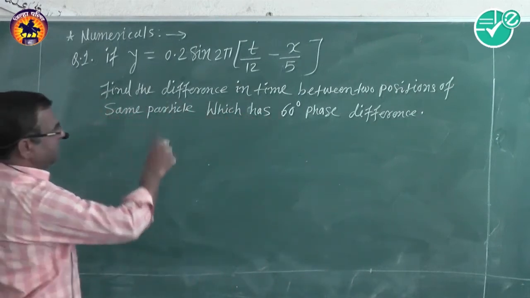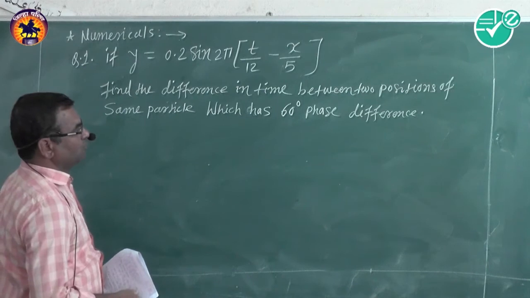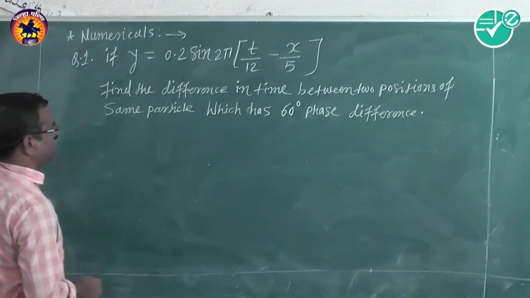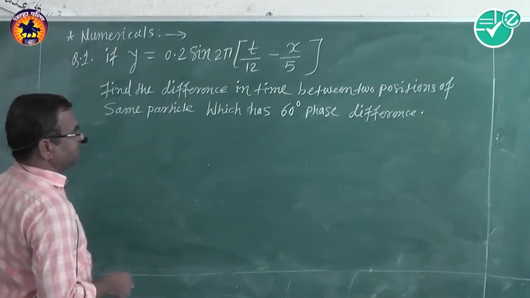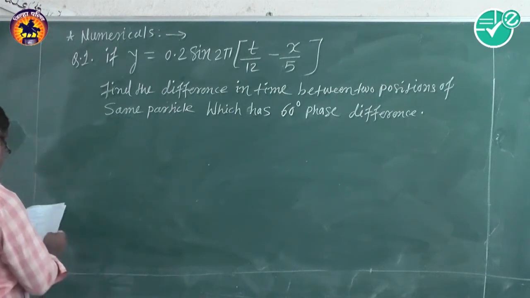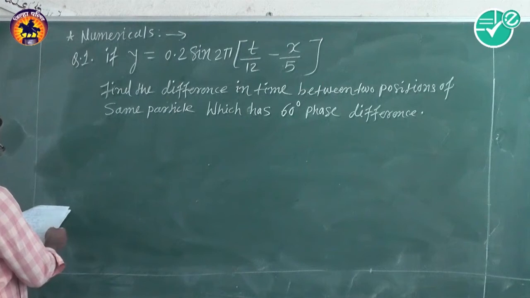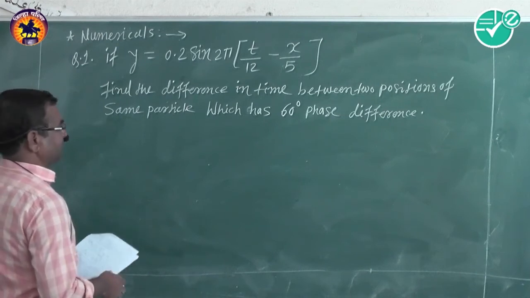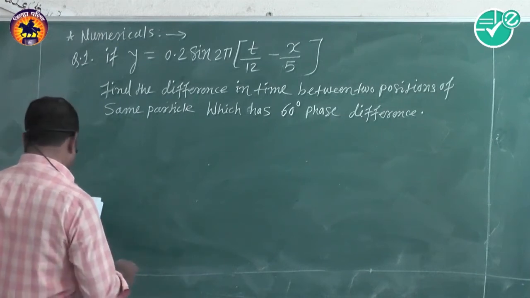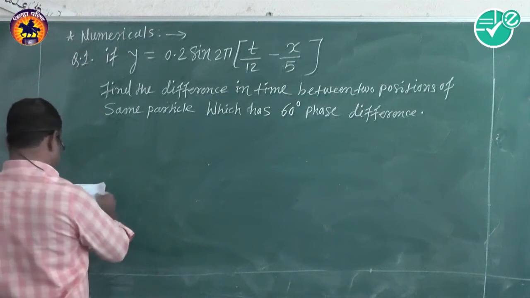Find the difference in time between two positions of the same particle which has a 60 degree phase difference. We can find the time difference, delta t.